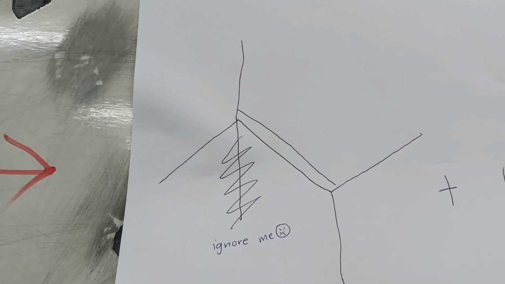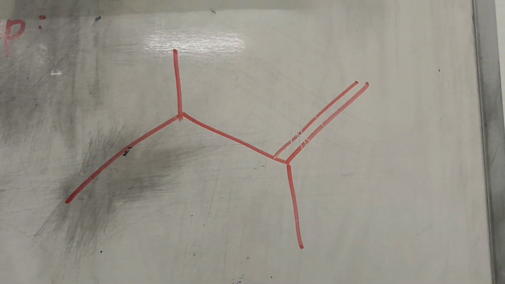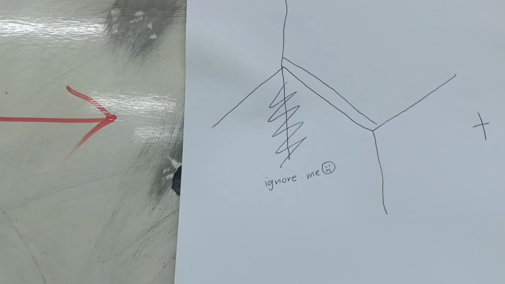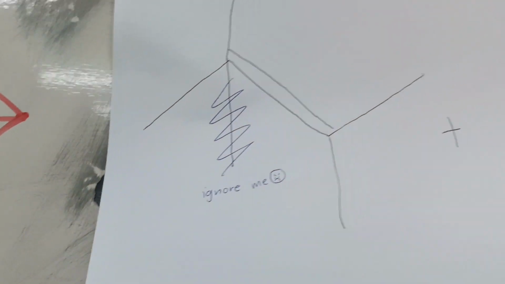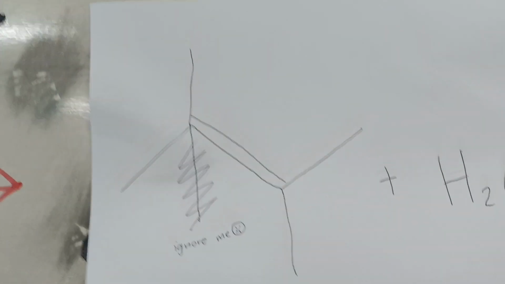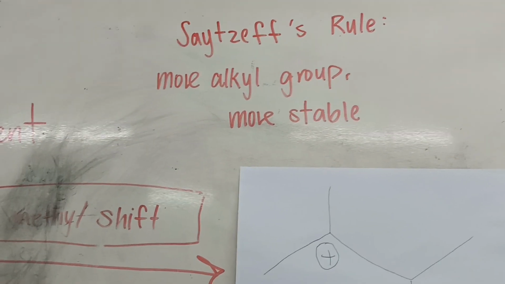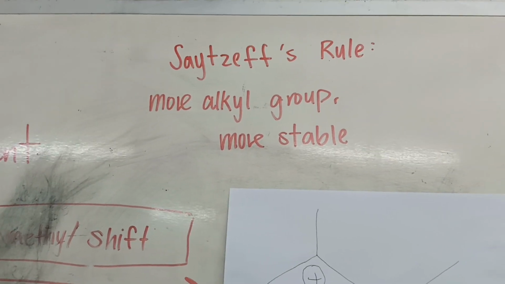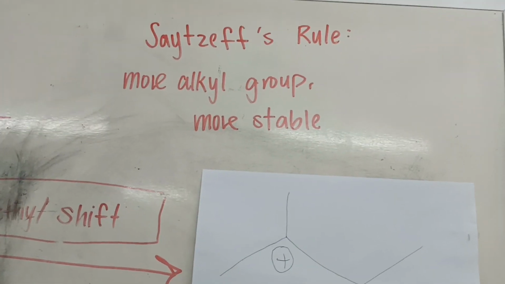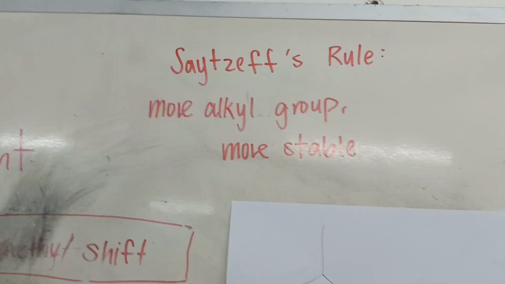But here's the thing, you can draw it like this or like this, but why is this the major product? To determine the major product in alkenes, we use Zaitsev's rule. As always, the definition is long, but in a nutshell, the more alkyl groups attached to the double bond, the more stable it is.